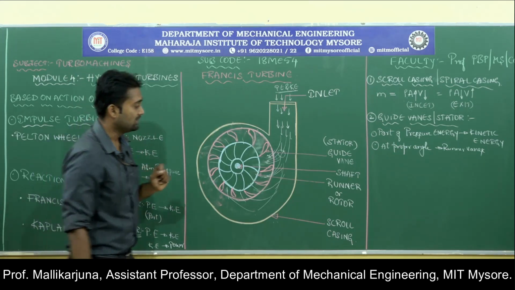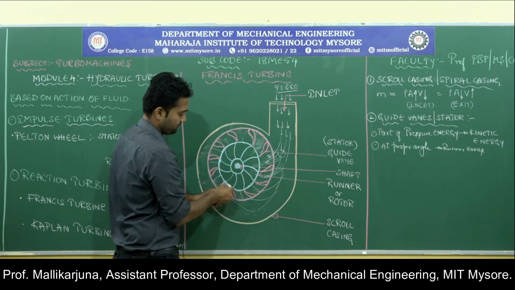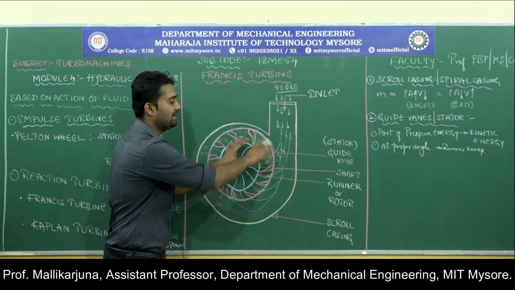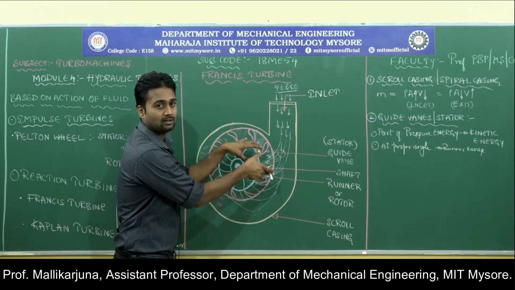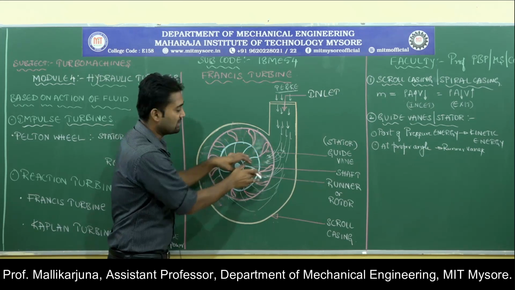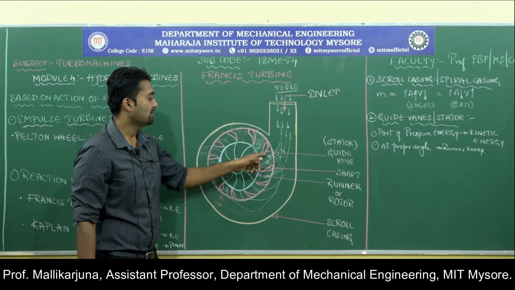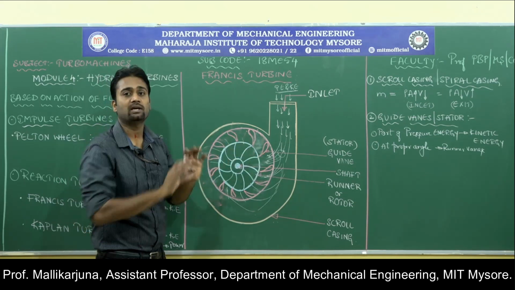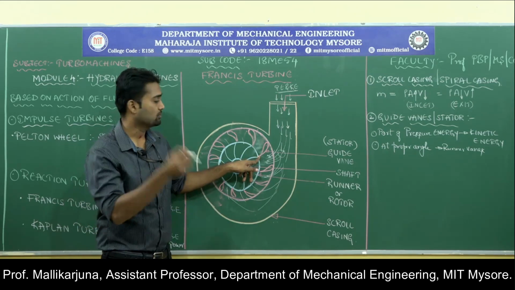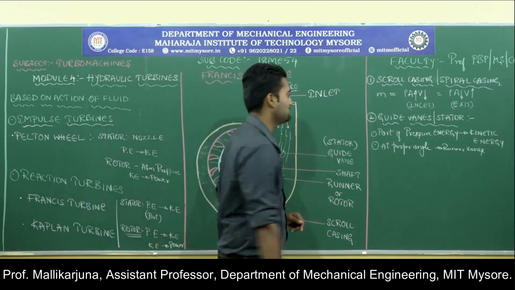Along with that, one more thing is that these guide vanes are pivoted to a point, and these guide vanes can be tilted to the required angle. In whatever angle we need the fluid to enter into the moving vanes, to such an angle these guide vanes can be tilted. That is the advantage of guide vanes. We can tilt them at that particular pivoted portion. So that is what is related to the guide vanes.